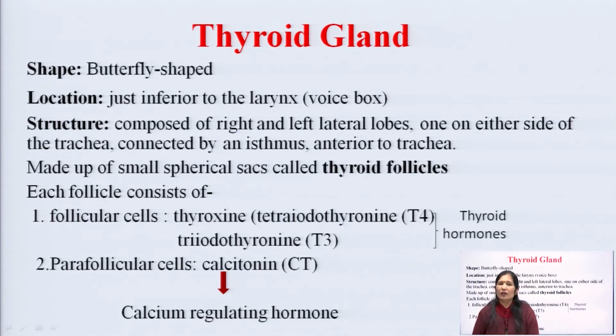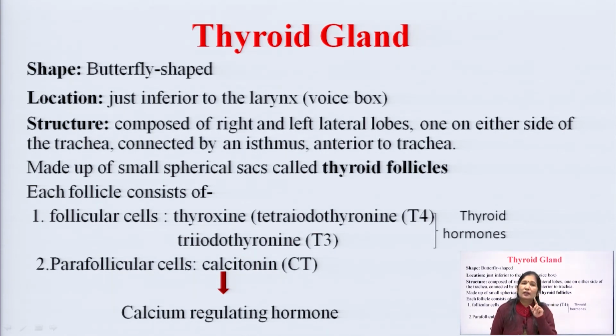Now, discussing its anatomy, this thyroid gland is made up of small spherical sacs called thyroid follicles. Sacs means small bags, which we call thyroid follicles. So, it consists of a number of thyroid follicles.